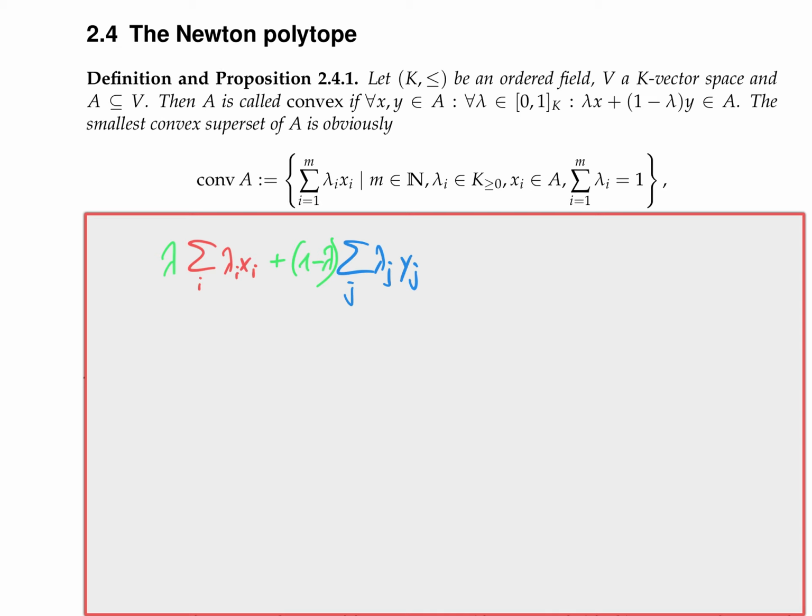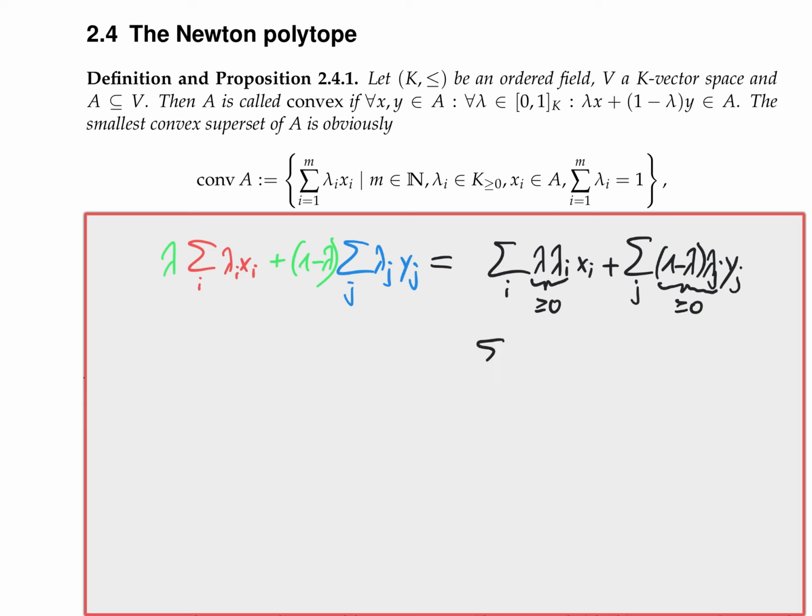This is the sum of lambda times lambda i xi, and the lambda times lambda i are again non-negative, plus the sum of 1 minus lambda times mu j yj.